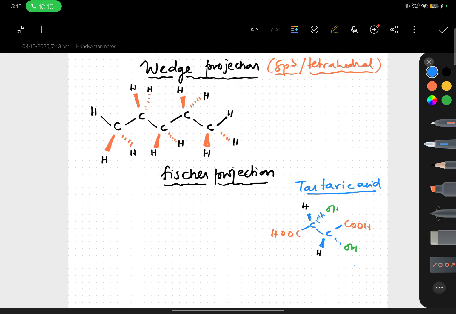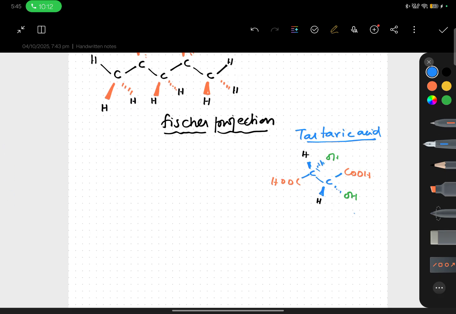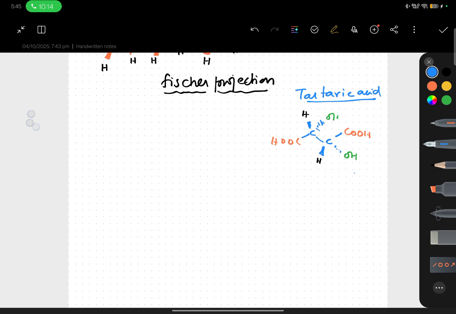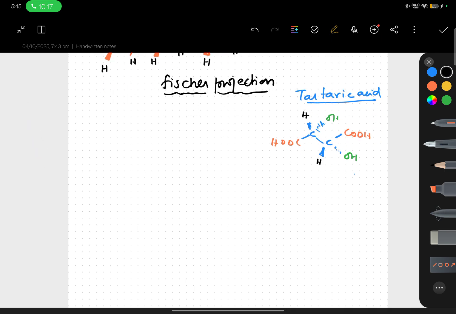So if you take this molecule and try to write the Fisher projection of this, you can write it in 3 different forms. So you can draw like this. The upper line shows that it is above the plane, while the lower line shows behind the plane, while the other two lines are on the plane.